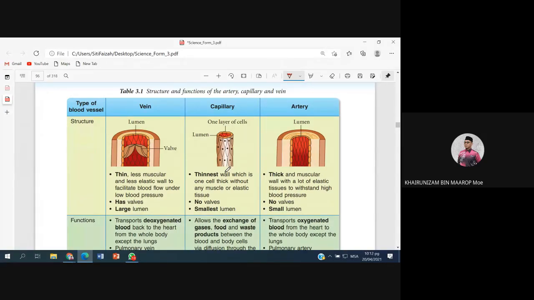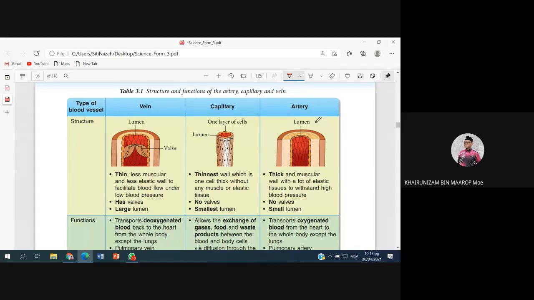In gas exchange, the blood containing oxygen diffuses to the cell, and then the cell uses it in the respiration process and produces energy, and the carbon dioxide produced diffuses to the bloodstream.